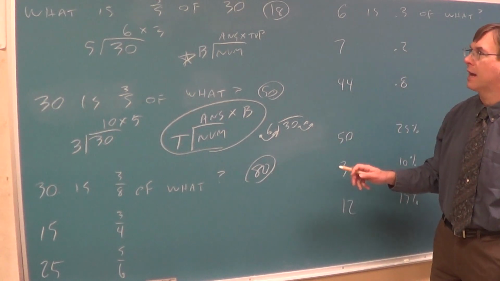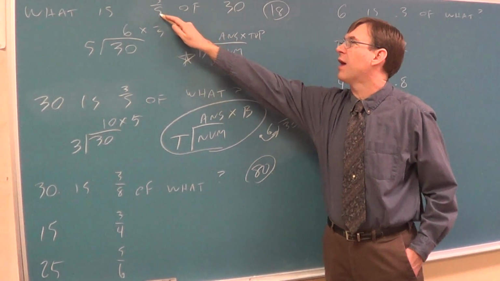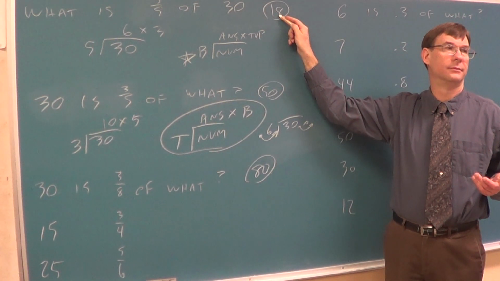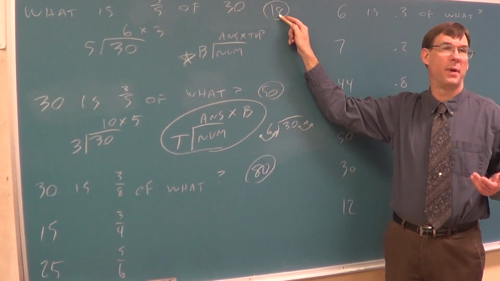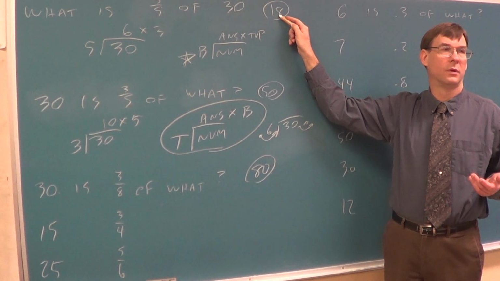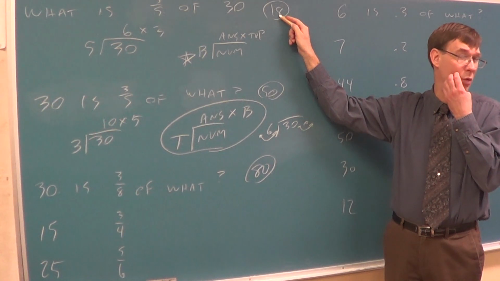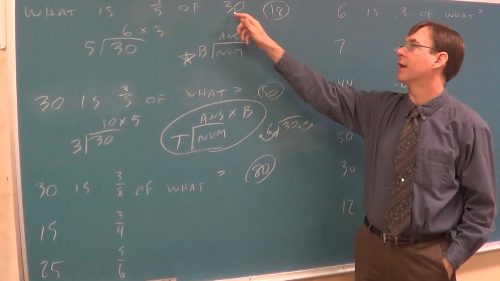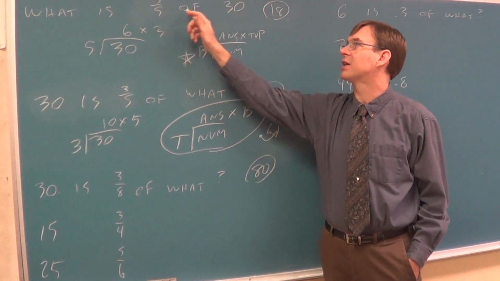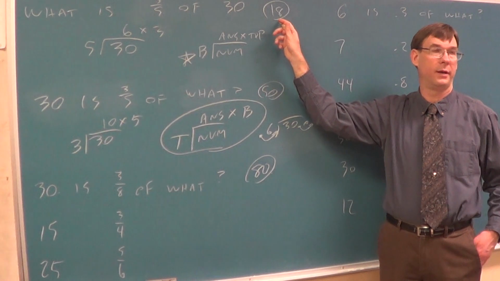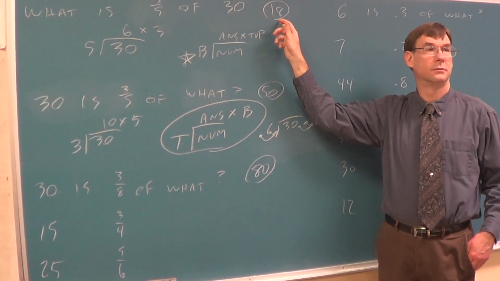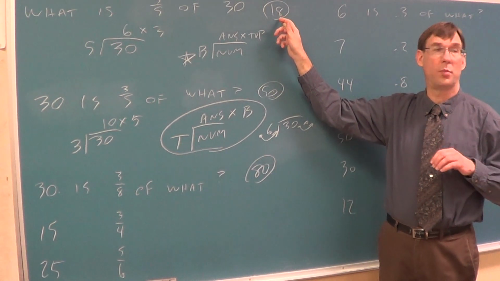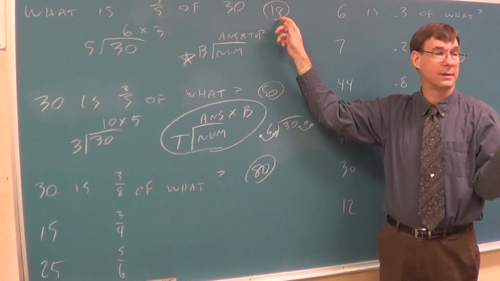Here's another thing you should look at. The old questions, if you got a fraction of something, the answer always had to be, compare how. What's the word compare a hint toward? Yeah. So how does the answer compare to the original if I give you a fraction of something? The answer's got to be more or less.